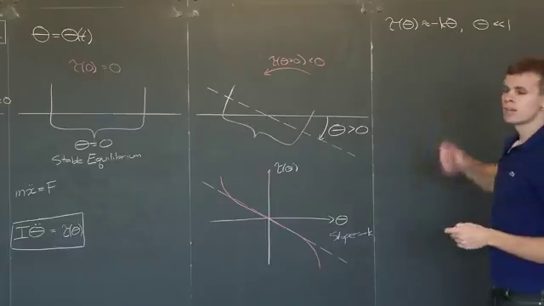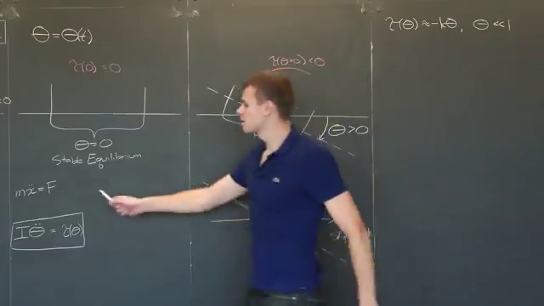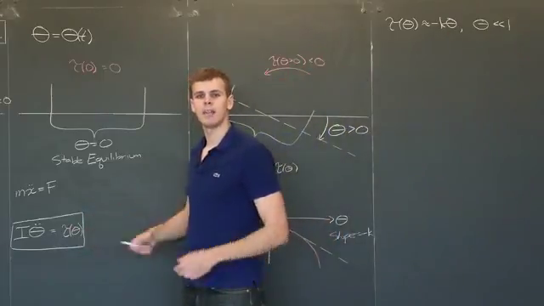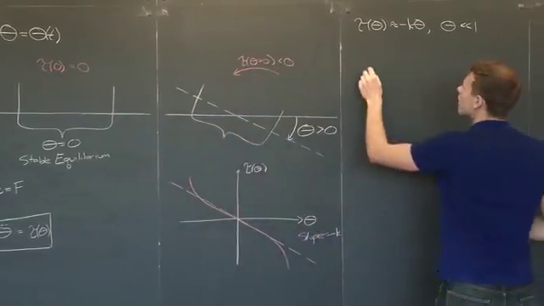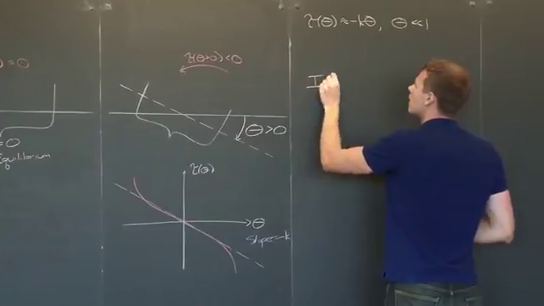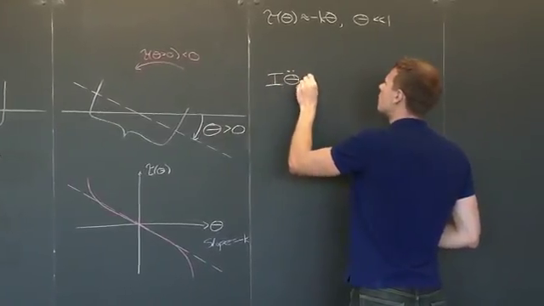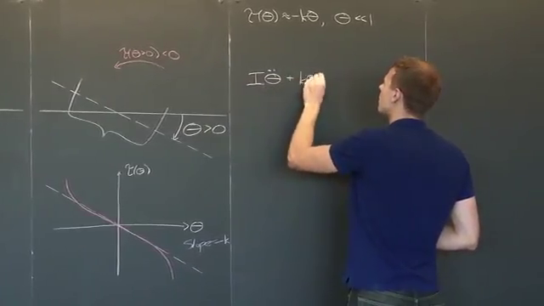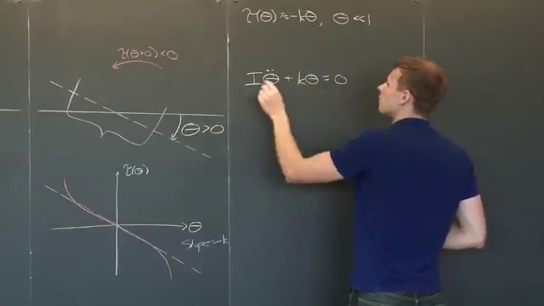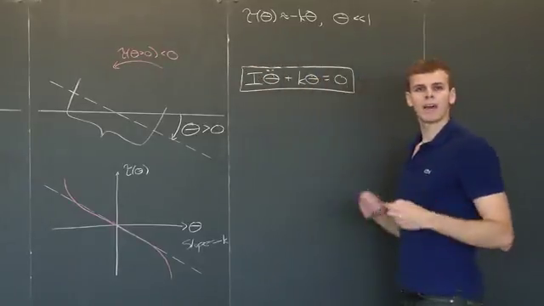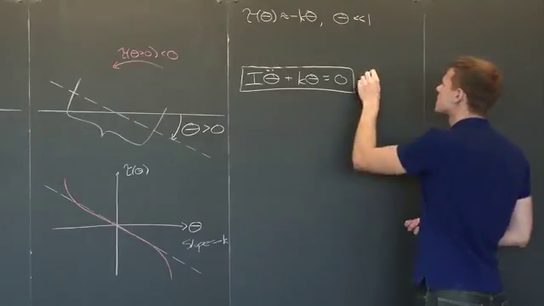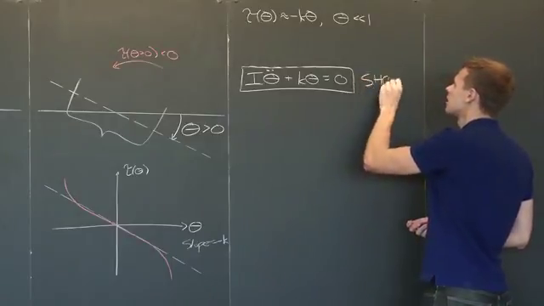We can now plug this linear approximation back into our second-order differential equation we obtained using Newton's second law. This gives I theta double dot plus k theta equals 0. You will recognize that this is the equation of a simple harmonic oscillator.